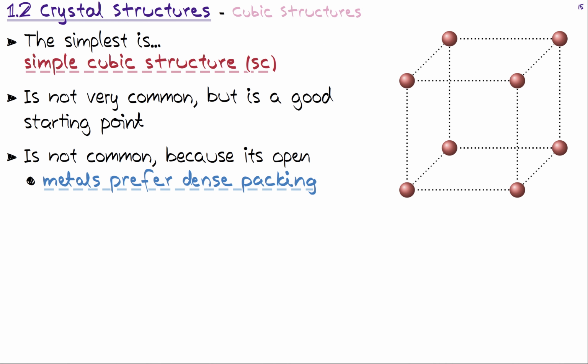Since metallic bonding prefers dense packing, this kind of structure is not very favorable energetically. So this is the trouble we have if we want to form a solid based on this simple cubic structure.